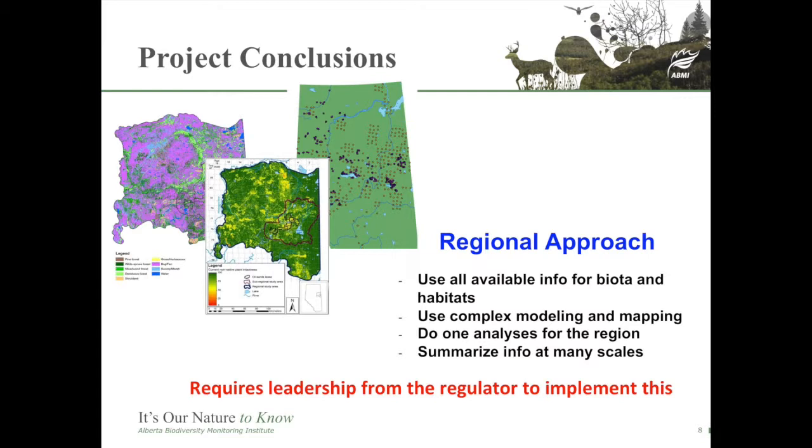Expecting any particular industry to do this is unrealistic. And so, although it was possible to do it, the probability of it happening as an industry-led initiative seemed unlikely. And that's kind of where we ended up at the end of the study, saying, yeah, it makes sense, but is it ever going to happen?